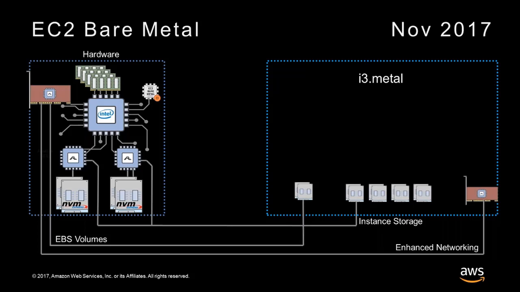The important thing to point out here is that the I/O devices that you see, the ENA device, the storage devices, those are coming directly from the Nitro card, and they're the same devices that you would see in a C5 instance type too.